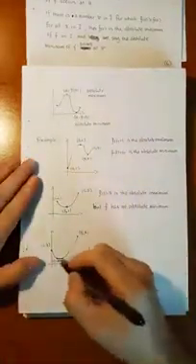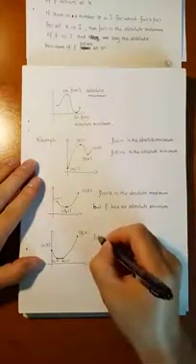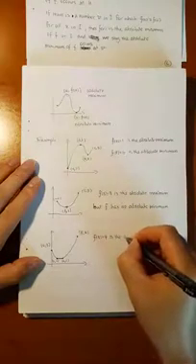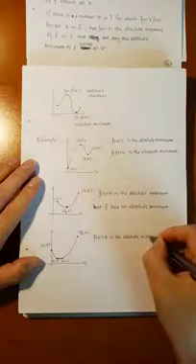Assume this segment is horizontal. Then we say f(5) equal to 4 is the absolute maximum.